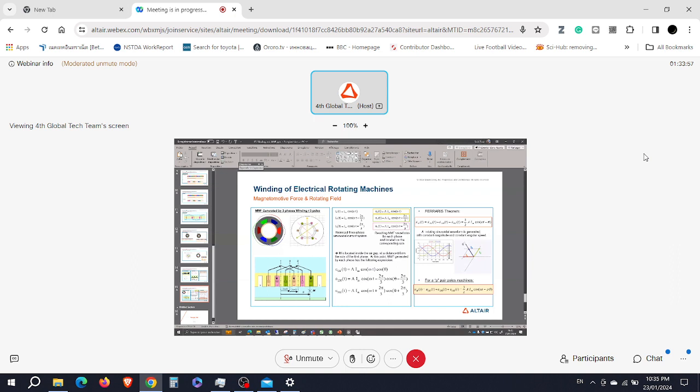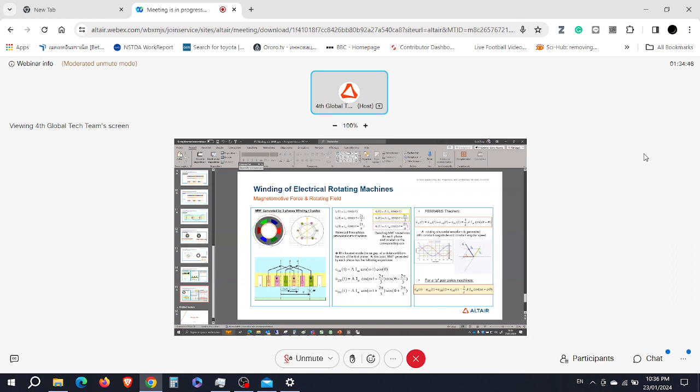This is 120 degrees, and phase 3 has the same phase angle shift. So then the MMF is obtained through the current supply, and we will have almost the same equation with a factor of A.